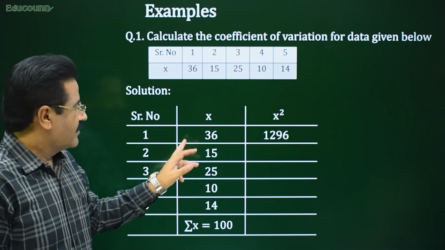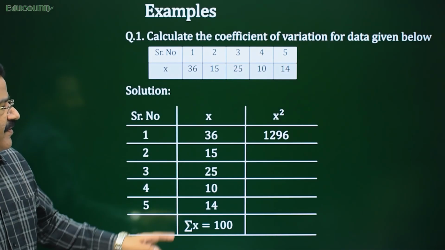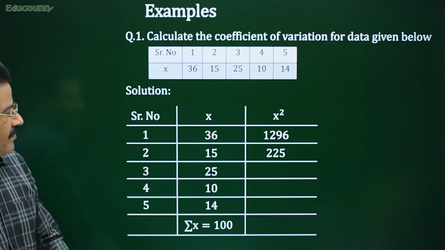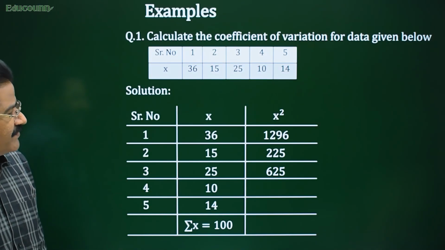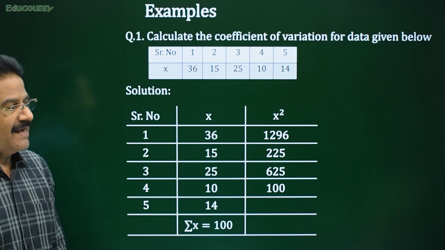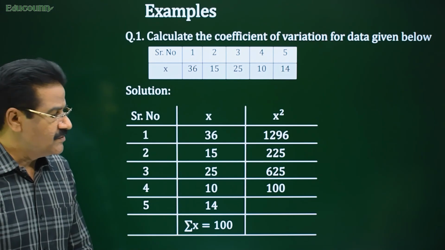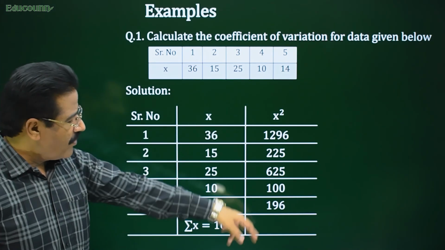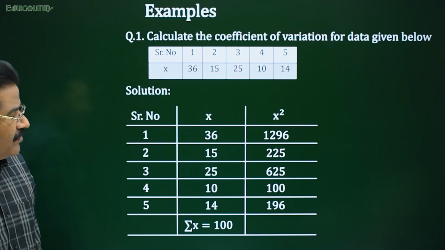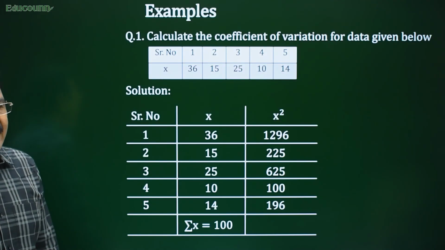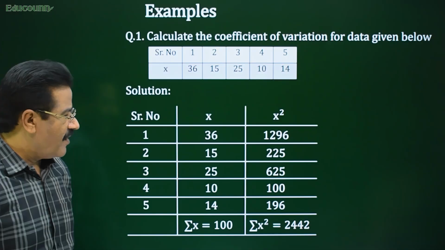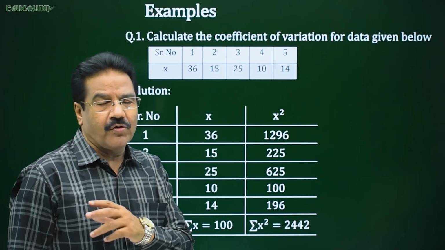Square of 36 is 1296, 15 square is 225, square of 25 is 625, square of 10 is 100, square of 14 is 196. And then we have to add all these values to get summation of x square. So summation of x square is 2442.